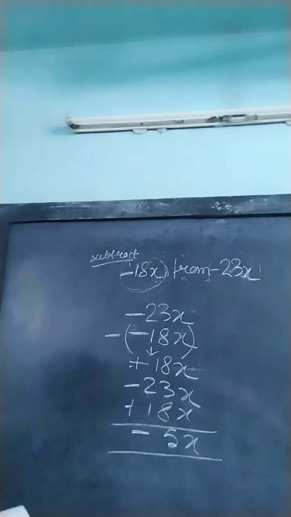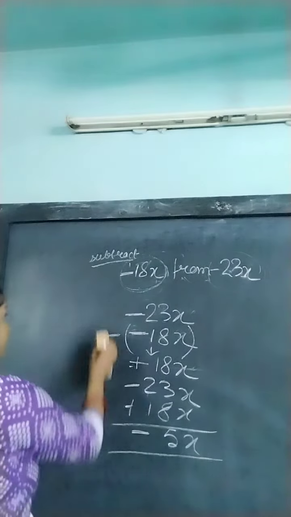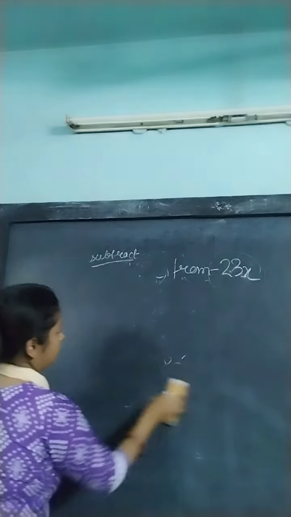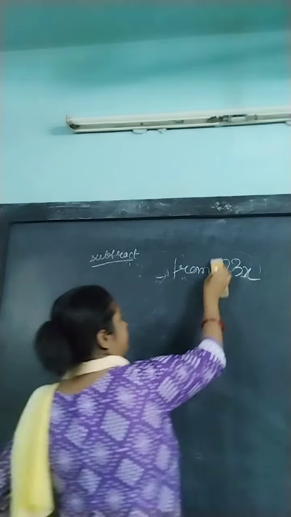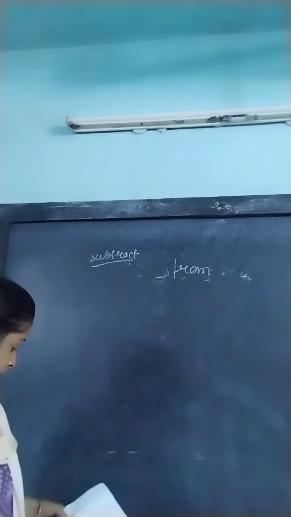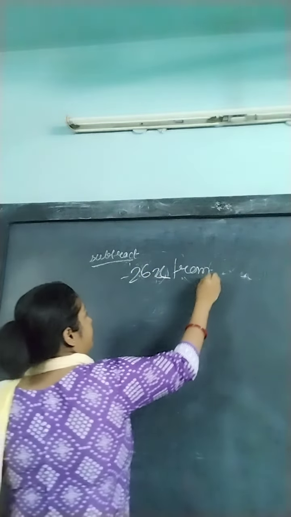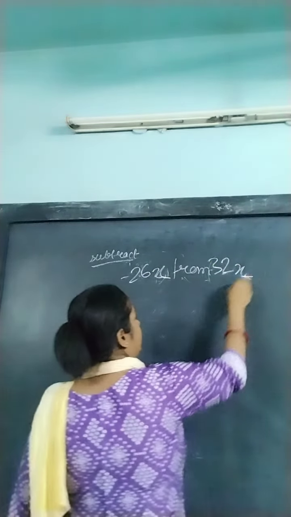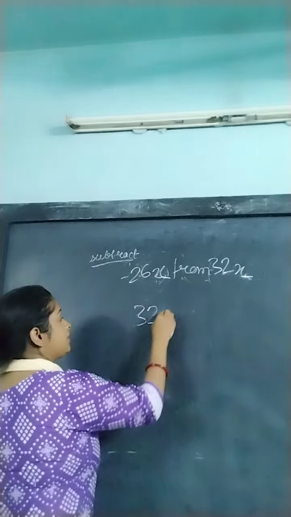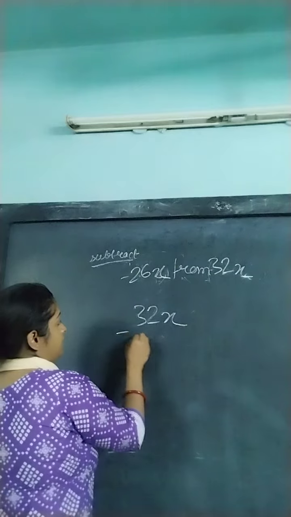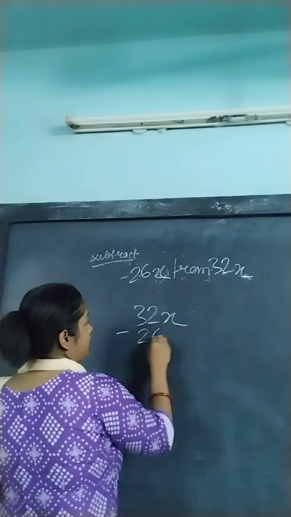Now again, suppose it is given that you have to subtract minus 26x from 32x. What will you do? Again you will write 32x and subtract minus 26x.